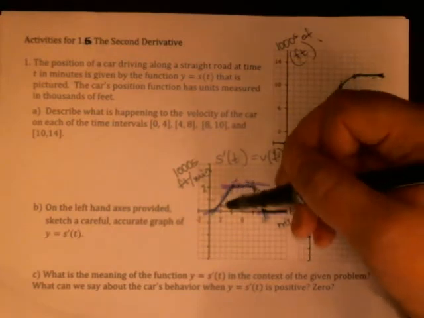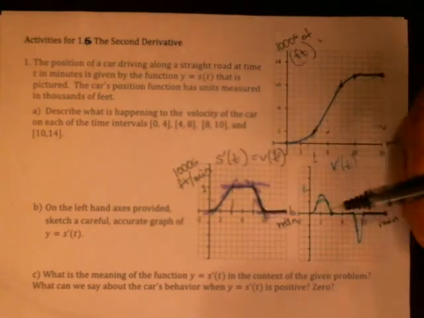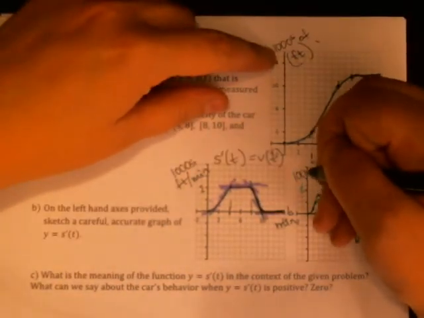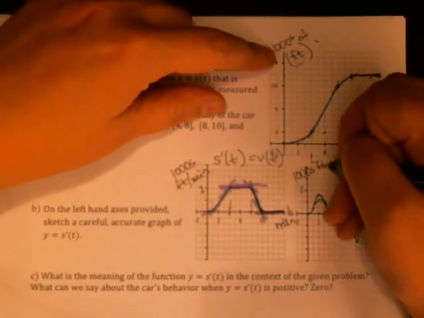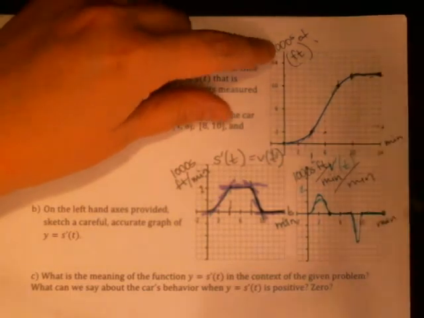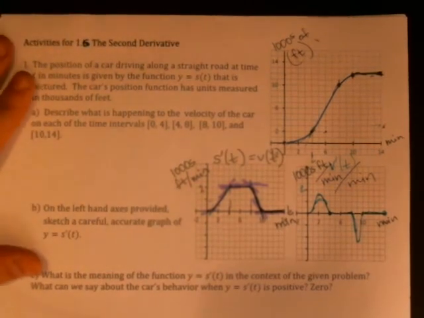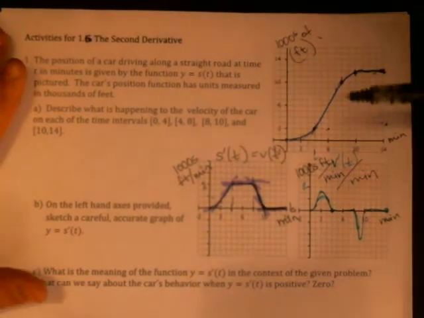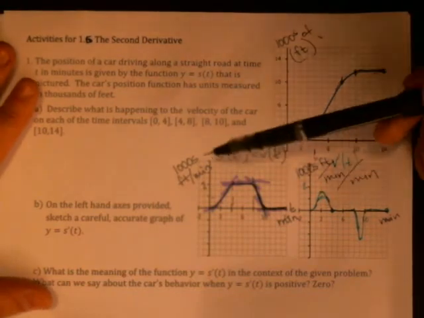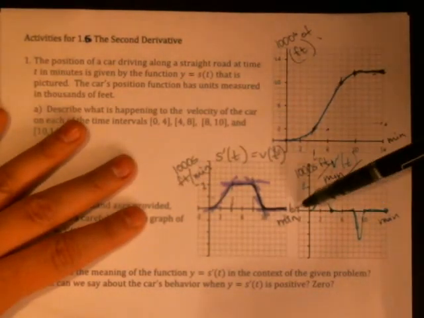So the slope of that would be 3,000 feet per minute divided by 2 minutes. This is thousands of feet per minute, which you can abbreviate down to thousands of feet per minute squared. So I'm going to move the page for a second. So basically, every time you do a derivative, you're going to take the units on your y-axis, and they get divided by the units on your x-axis.